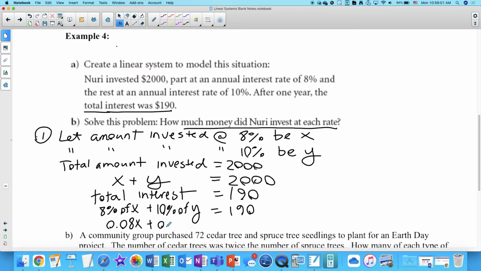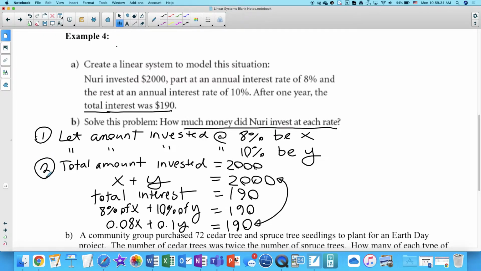When you're doing a percent of question, of means multiplication, and the percent has to be in decimal form. So this is 0.08x plus 0.10y equals 190. And now this equation and this equation will make up our system. So this is step 2, getting those two equations down.